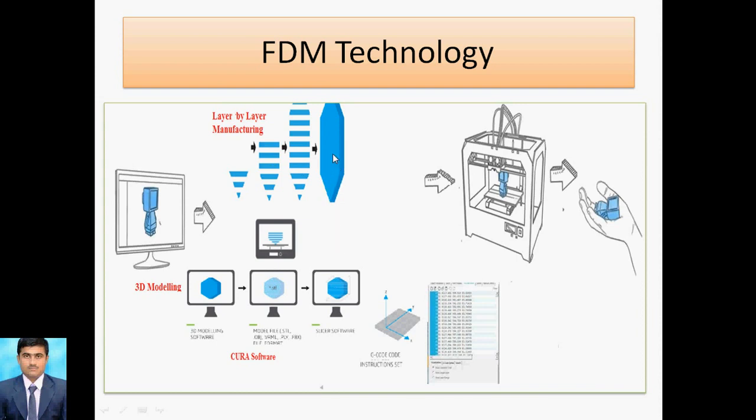After that, the sliced file is converted into G code, and this G code we have to feed into the machine, that is FDM technology. So here we have to vary the material. According to your material, we can vary the color. So this is the main advantage of FDM technology.